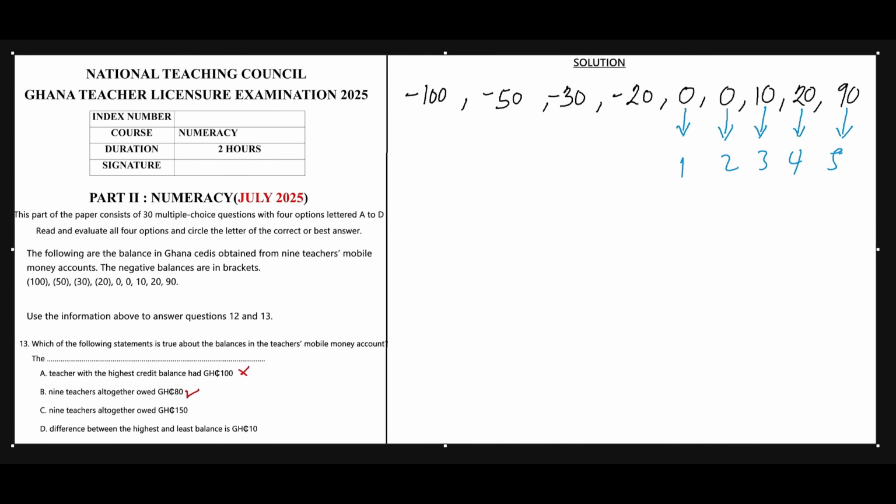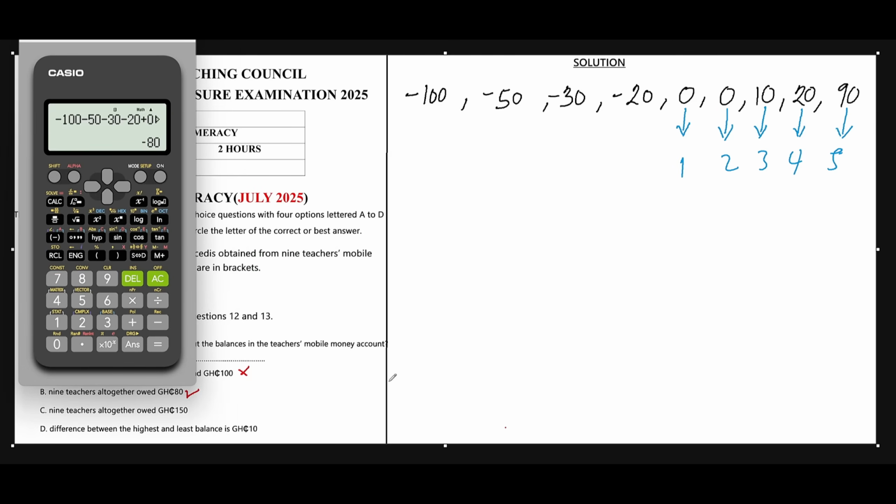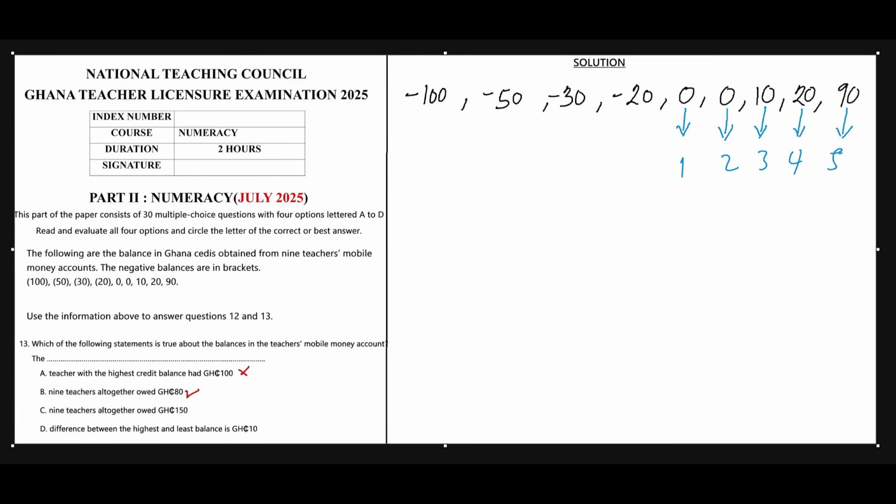Let's also verify option C. So with option C, 9 teachers altogether owe 150 cedis. So this is also not right because we have already verified and we saw that the 9 teachers altogether owed 80 cedis. Now D, the difference between the highest and the least balance is 10 Ghana cedis.